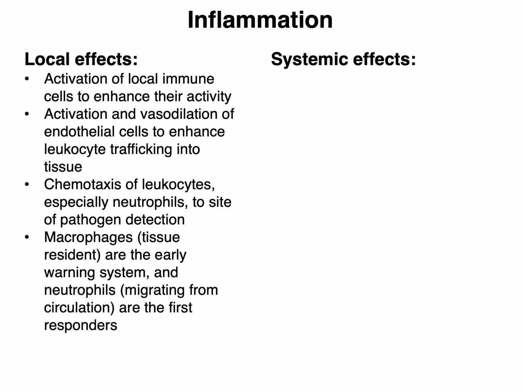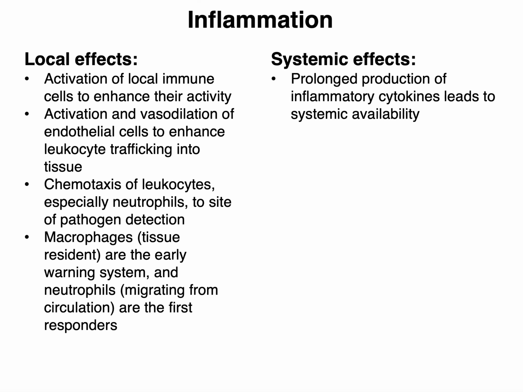Now, inflammation can have systemic effects as well, especially if it is prolonged or if the infection is unresolved. Some of those systemic effects can lead to inflammatory cytokine availability systemically and in circulation.